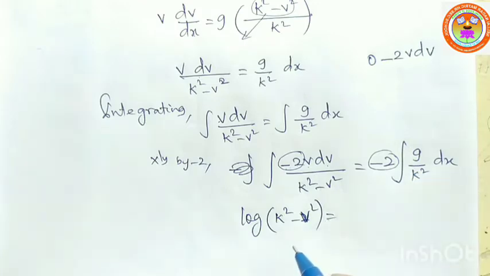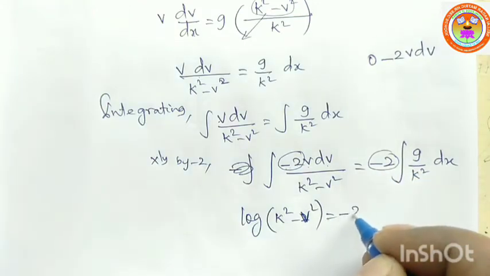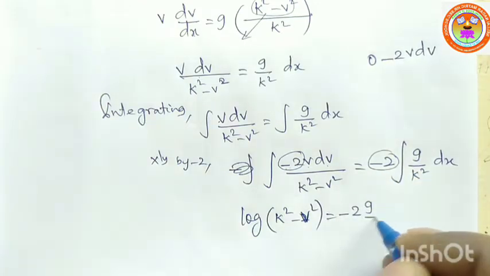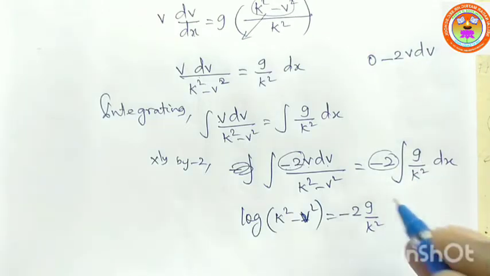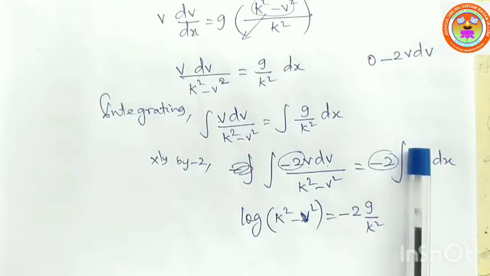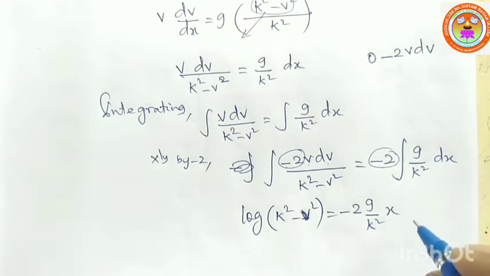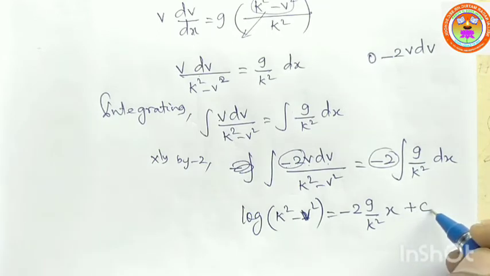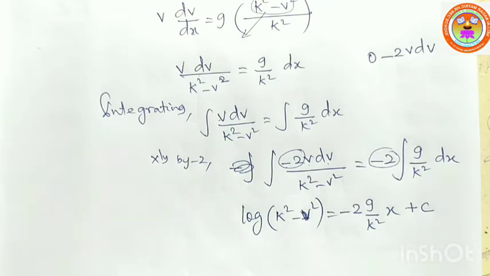In the right hand side, minus 2 g and k square, these are all constant. So what is the leftover term? Integral of dx. What is integral of dx? Integral of dx is x. So after integration, we have to apply one constant.